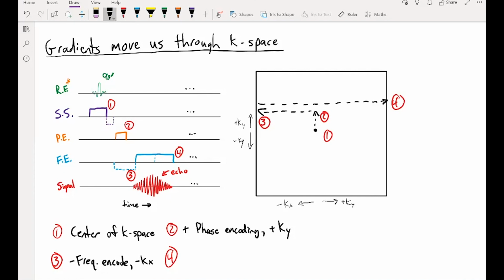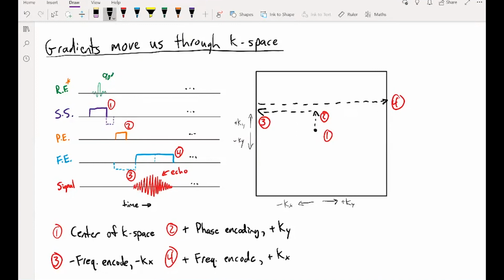To wrap this up, the positive frequency encoding gradient between time point 3 and 4 moves us all the way to the right edge of the K-space that we've collected. And that's essentially how you can picture gradients moving us through K-space.